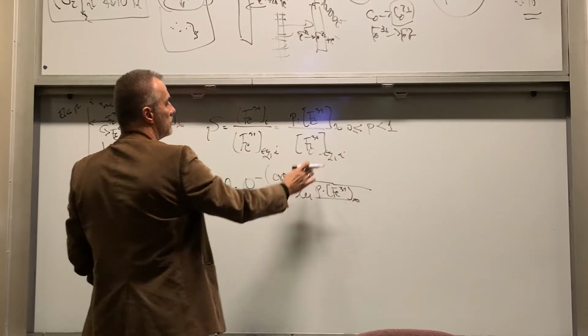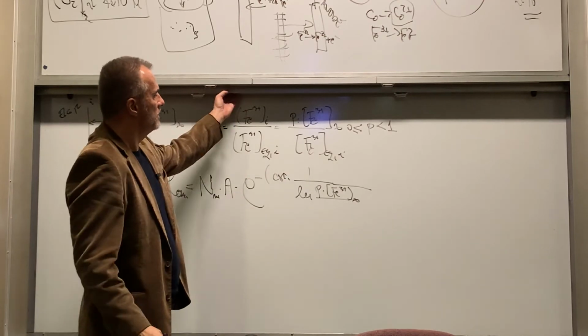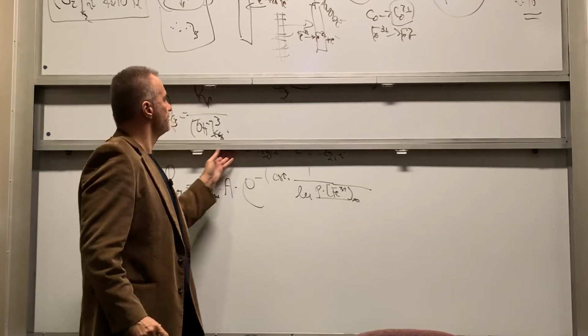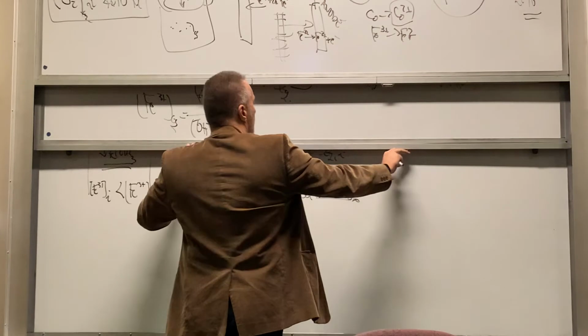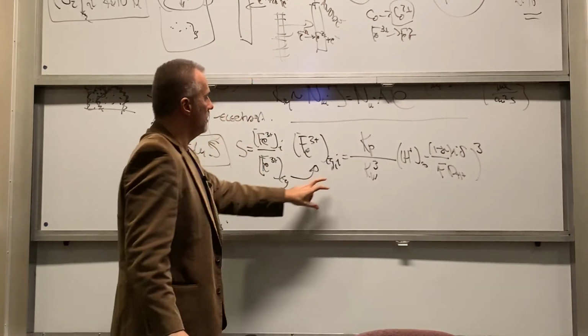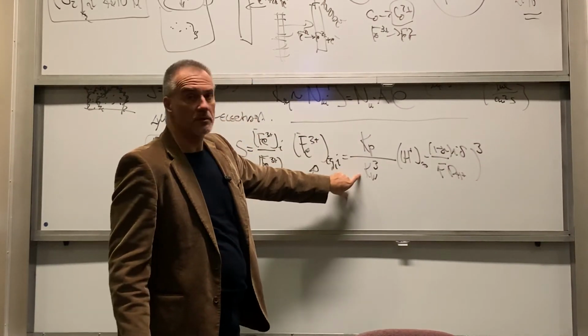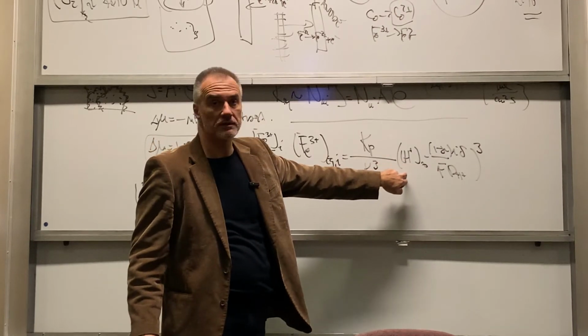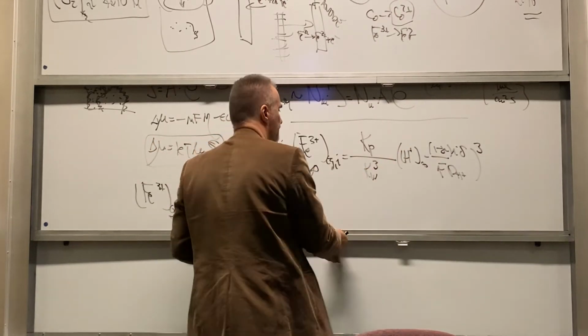And here, instead of iron 3 equilibrium, I will write this, Kp over Kw power 3 times this on power 3, okay?